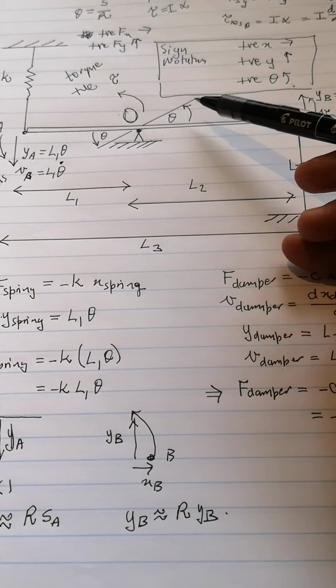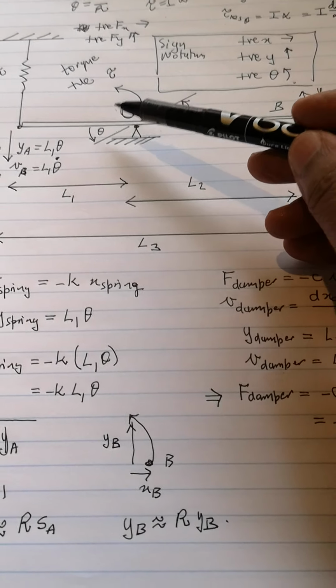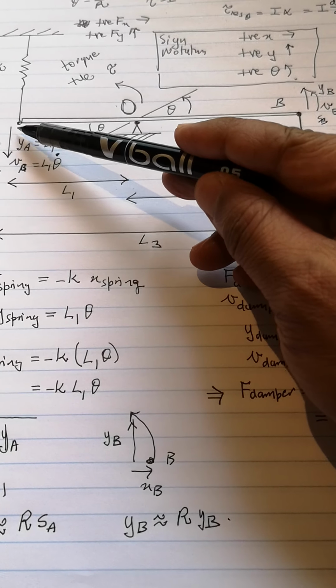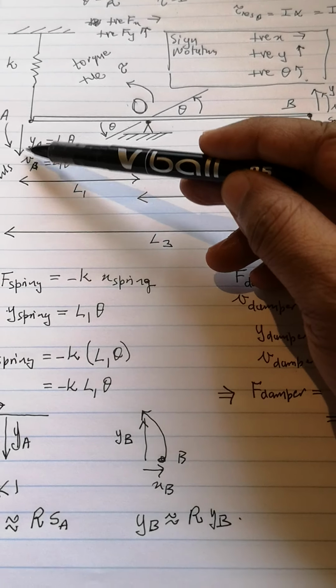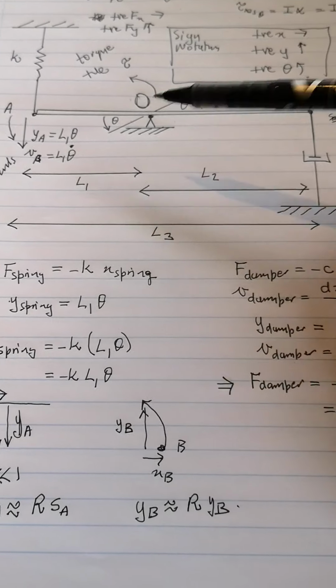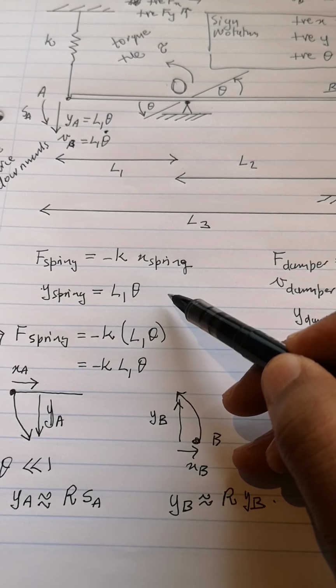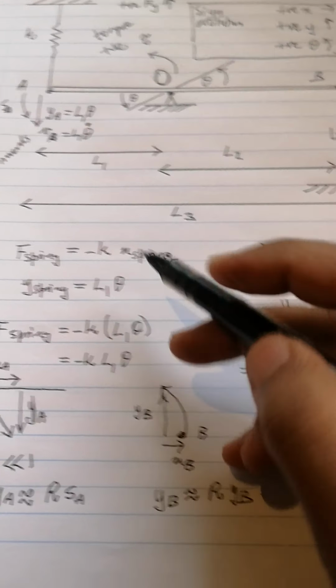So if theta is going positive in an anti-clockwise direction, I will define the vertical deflection as positive going in a downwards direction. And I said it is L1 times theta. Is this positive? If theta is positive, yes, it is positive.